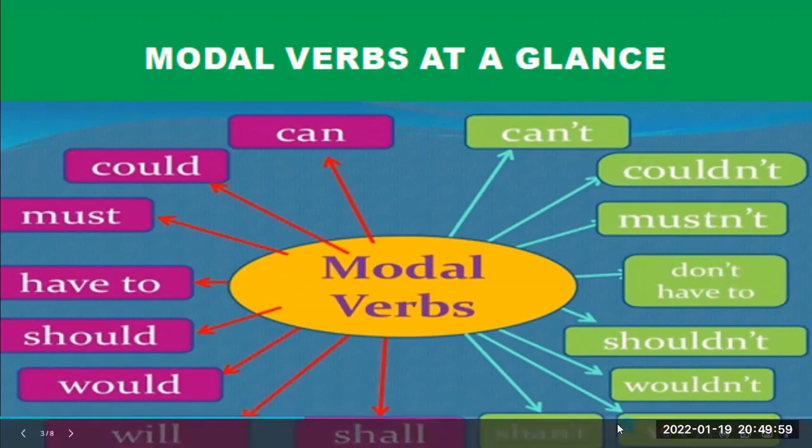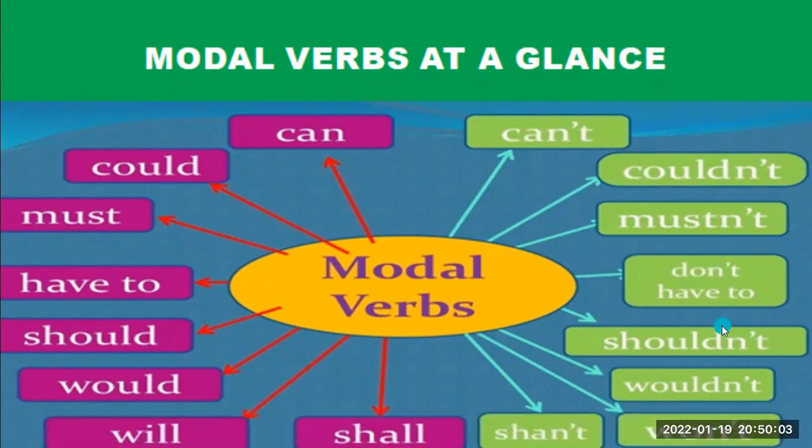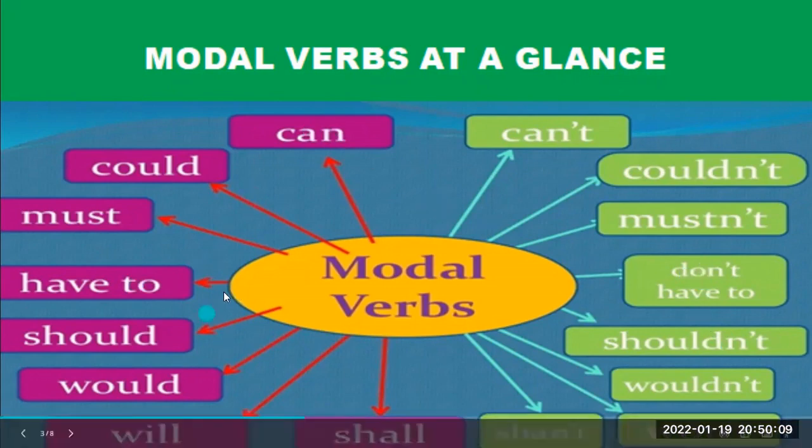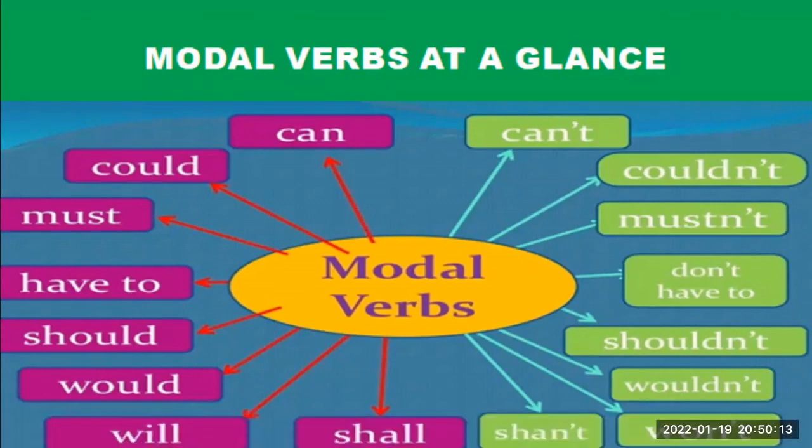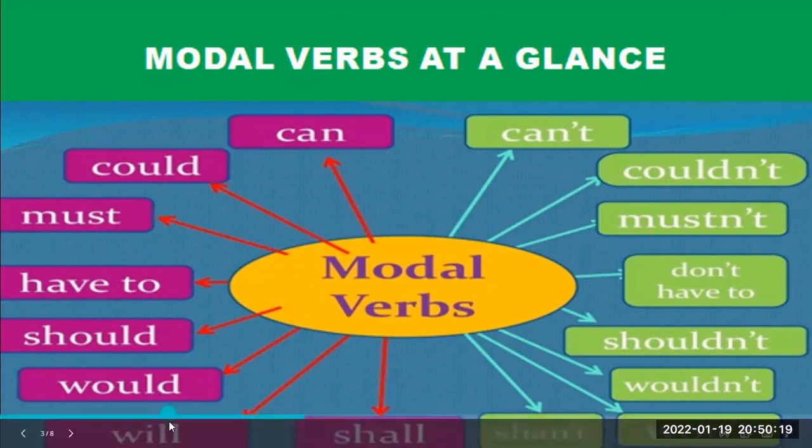All right, so here you look at the negative forms, and here you find the positive forms. In today's lesson, we are going to look at two specifically, will and would.